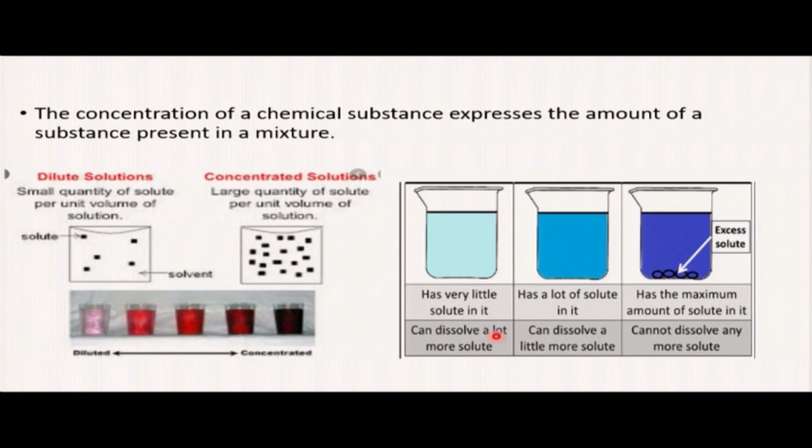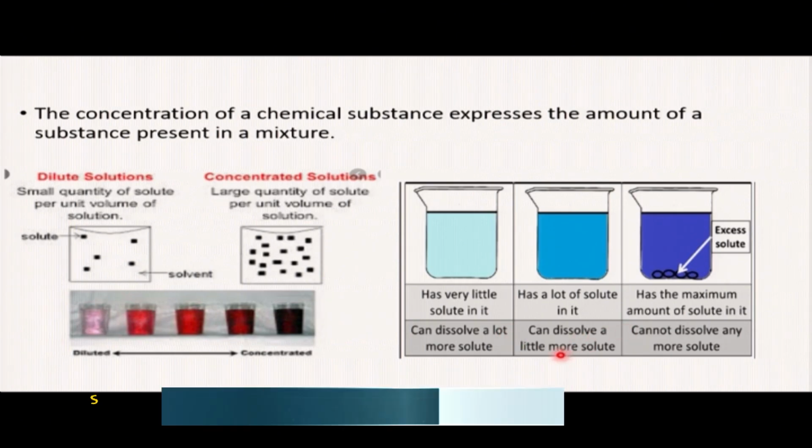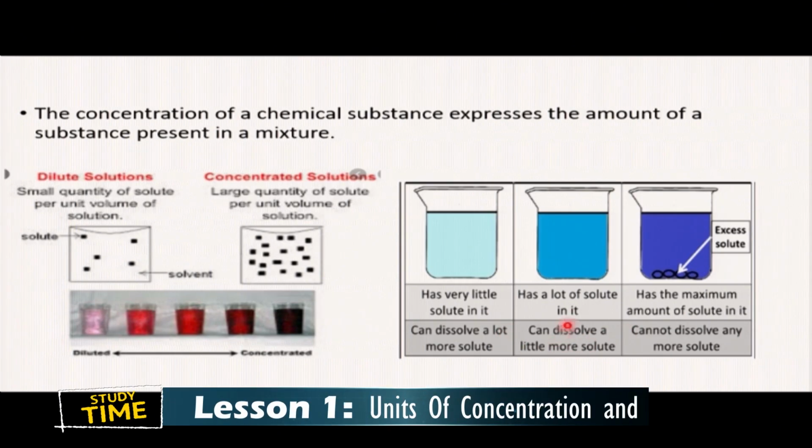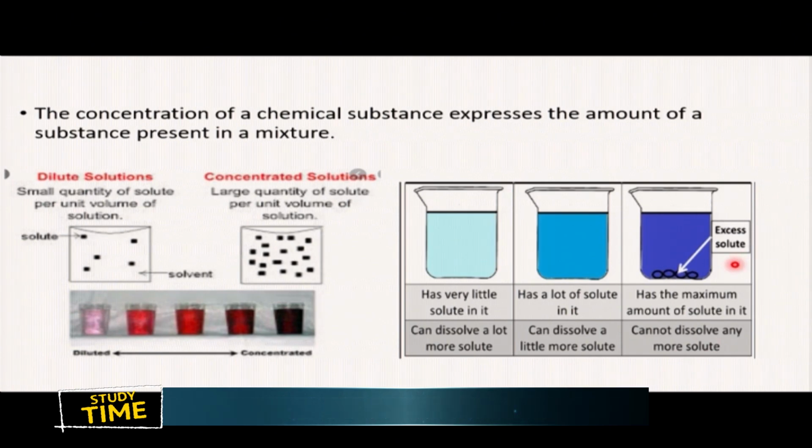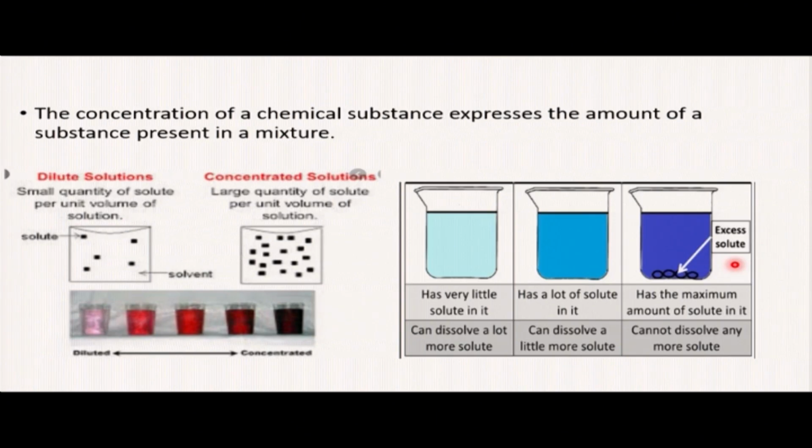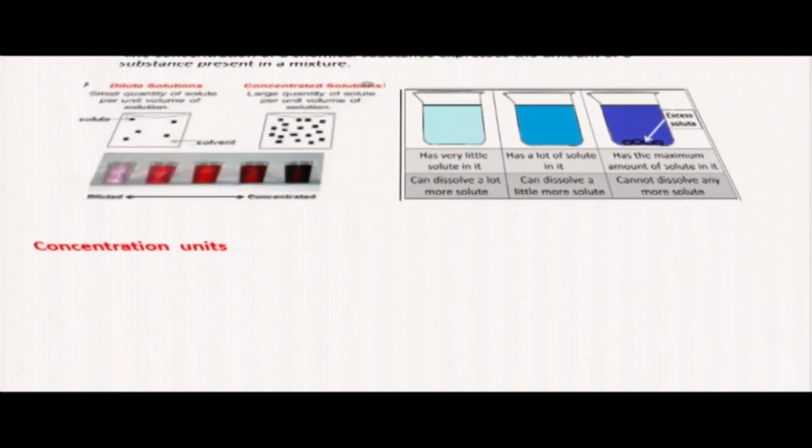This one can dissolve a lot more solute because it is still dilute, and this can dissolve a little more of the solute, so it can still dissolve. But the concentration is increasing. When you look at the colors over there, you see the change in the concentration and what happens as you add more of the solute into the solvent.